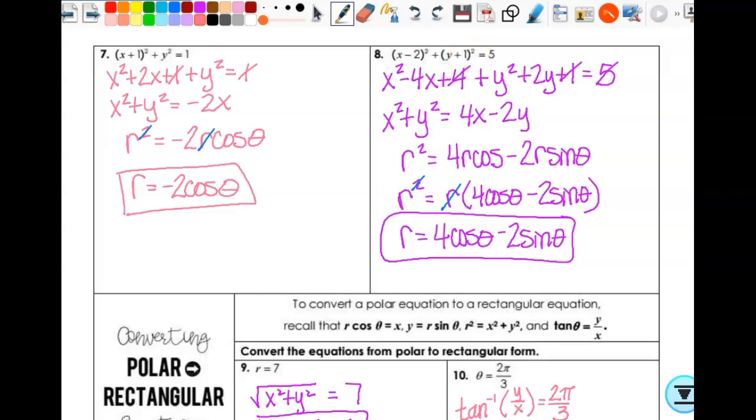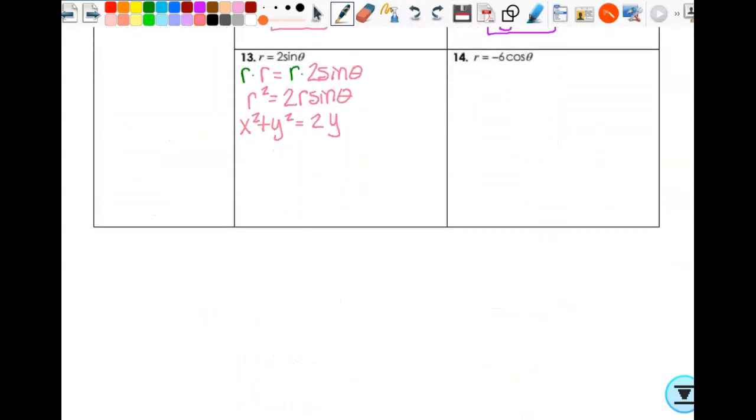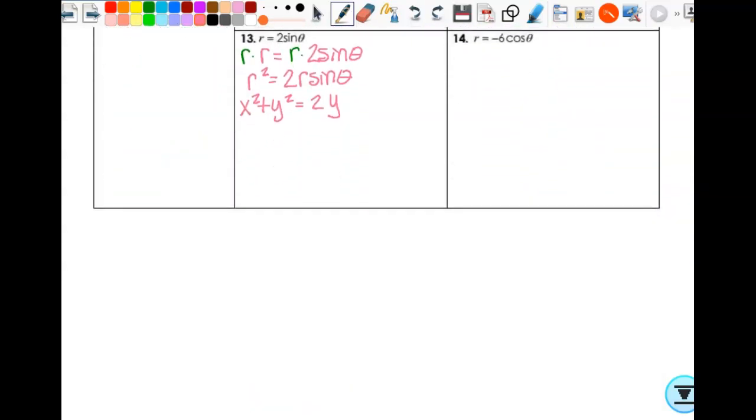We're going to move everything over to the left, and x squared down here is just x squared, but then this is going to have to be y plus or minus something quantity squared that we have to come up with. So I'm going to have x squared plus y squared minus 2y plus something, I think Delta Math calls it your magic number, equals, once I subtract that over, 0 plus that same magic number.